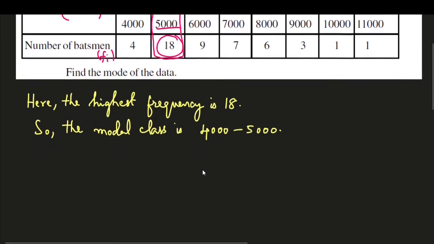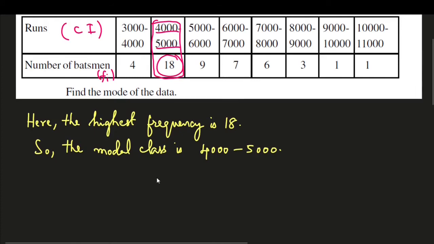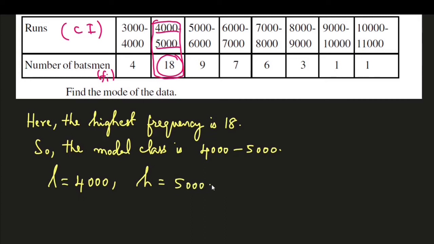Now from this modal class, we can find the lower boundary and the class size. Lower boundary L is equal to 4000. Class size H is the upper boundary minus the lower boundary, 5000 minus 4000, which is 1000. The frequency of the modal class, we denote it by F1.